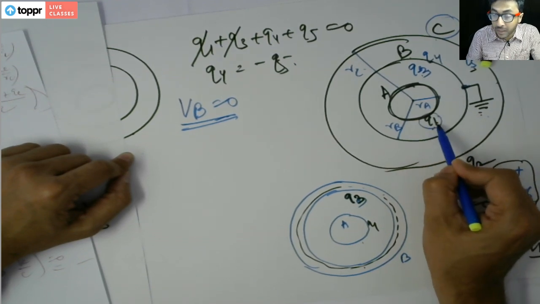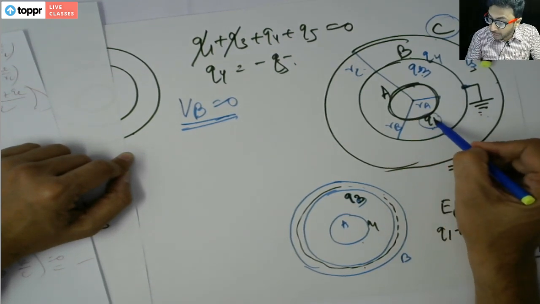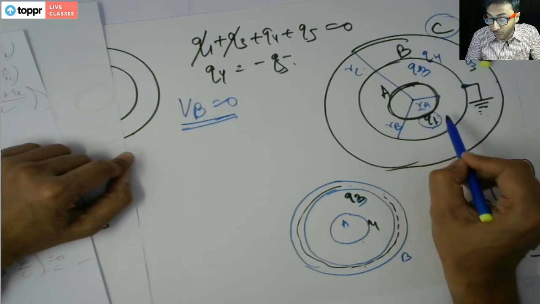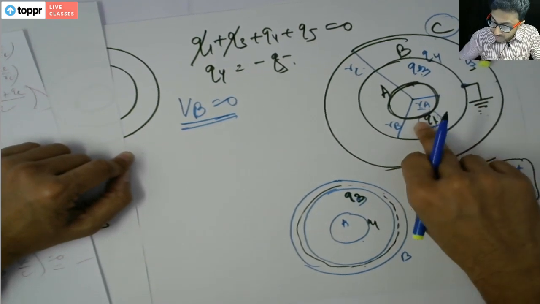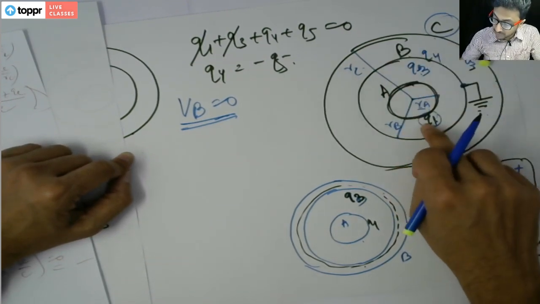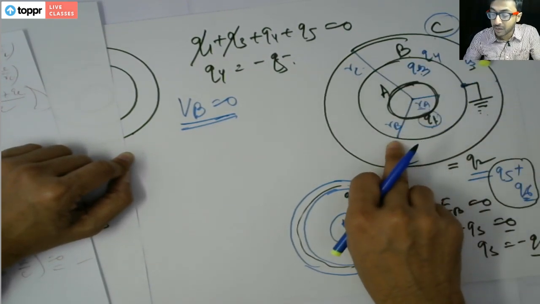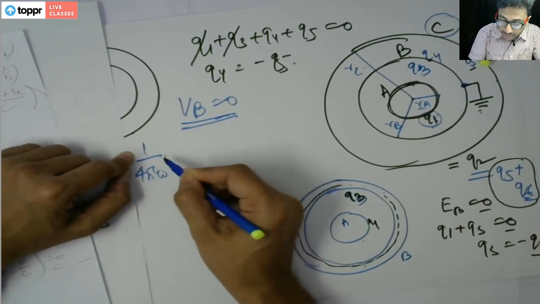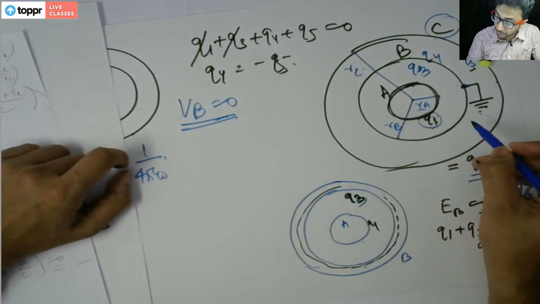That is Q1. But for Q1 we are not considering RA, because for B the Q1 is reflected on the outer surface. So for Q1 we have to consider radius RB, that is 1 by 4 pi epsilon 0, right?